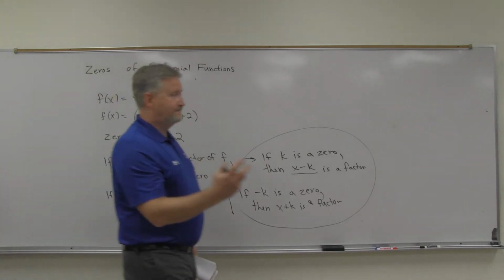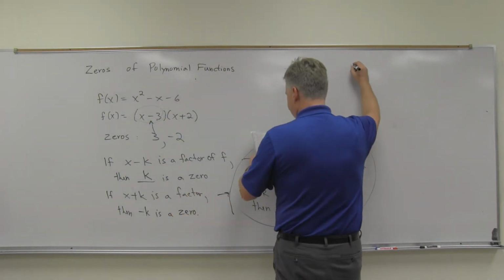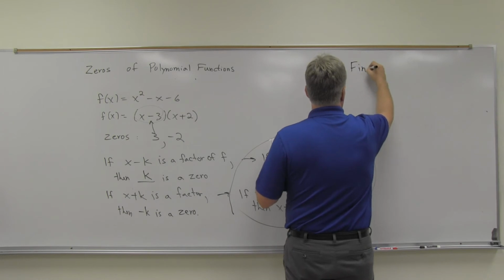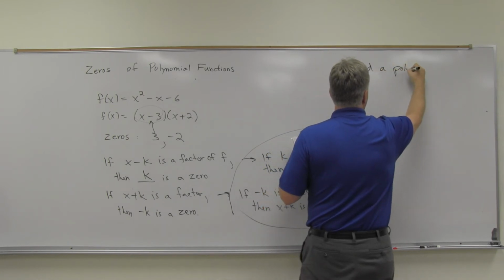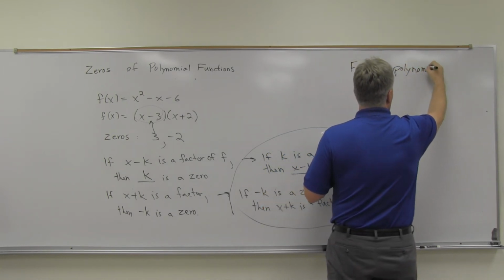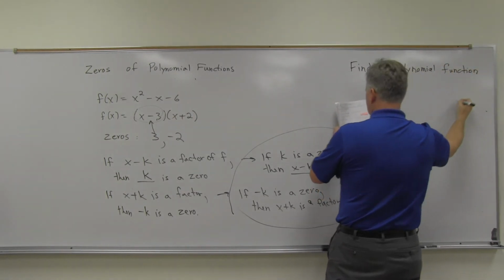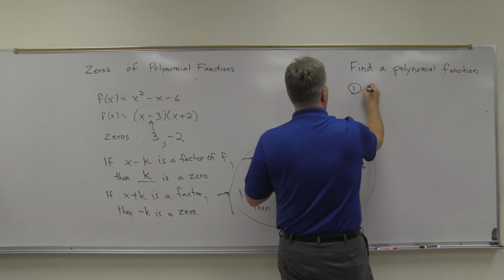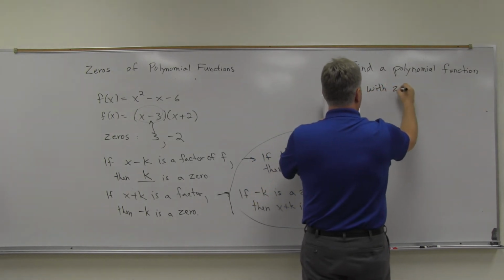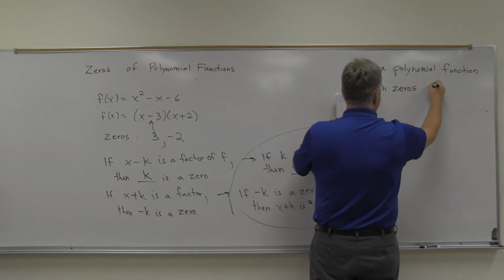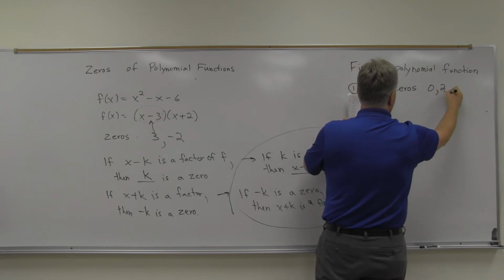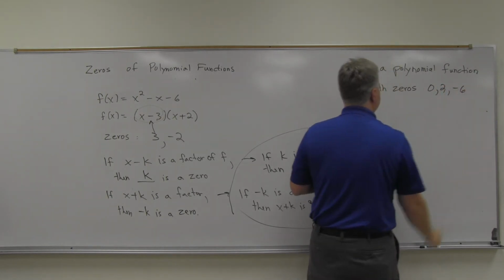All right, here's what I'm going to do with that. Find a polynomial function, number one, with zeros 0, 2, and negative 6.